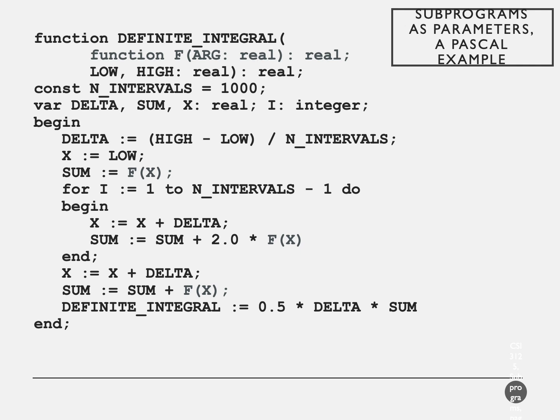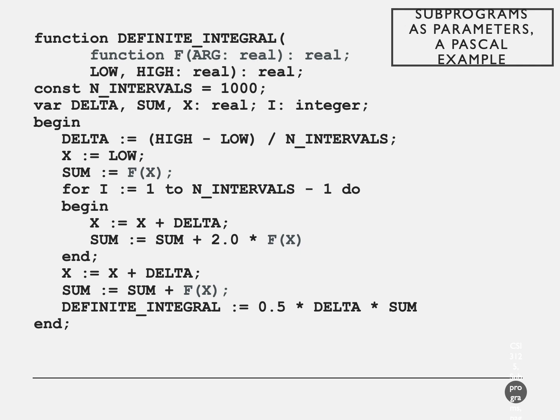Each new value of x within the loop is calculated by adding delta to the previous x. The sum accumulates the values of 2.0 multiplied by f of x across the interval, so doubling each midpoint's contribution except for the first and last point.